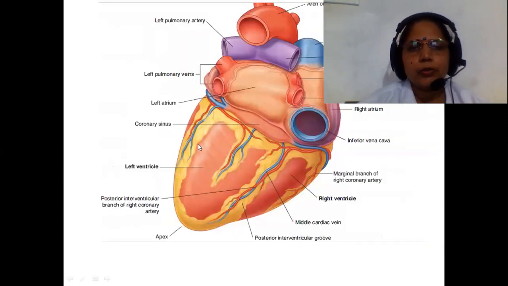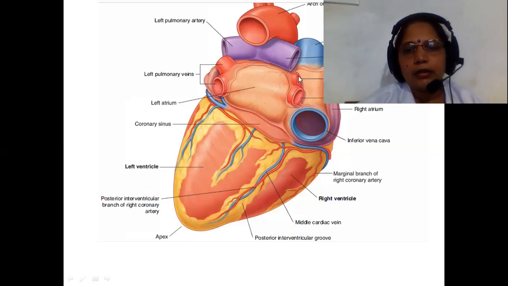This is the posterior aspect of the heart, in which this structure is called the left atrium. This portion is called the base of the heart. In the base of the heart there are four pulmonary veins, right superior and inferior and left superior and inferior pulmonary veins, which you can see very clearly.